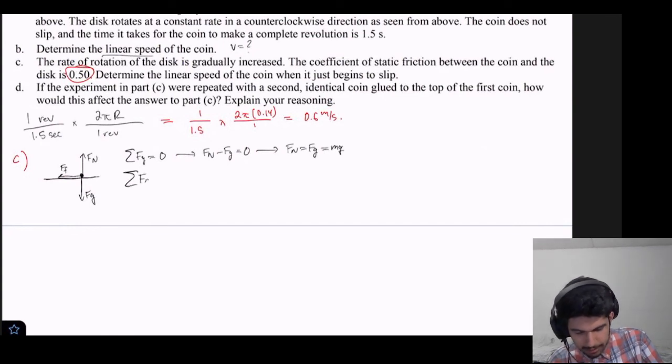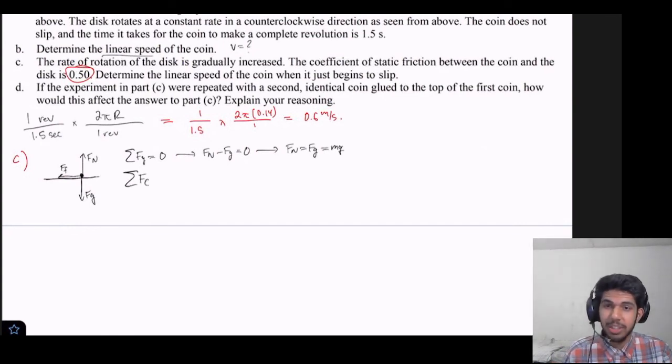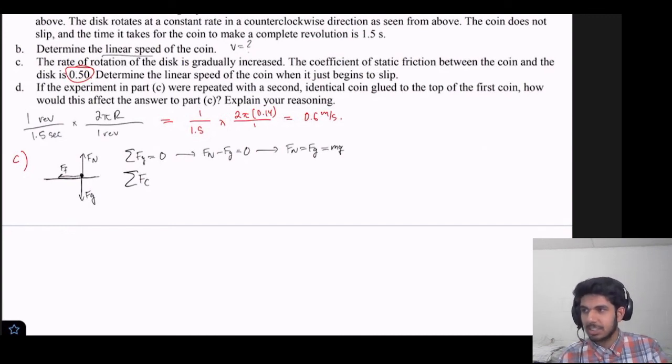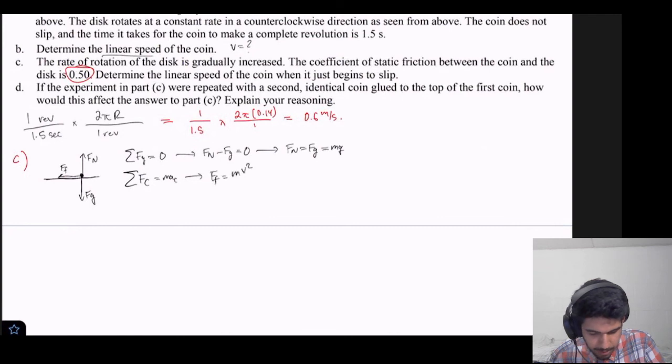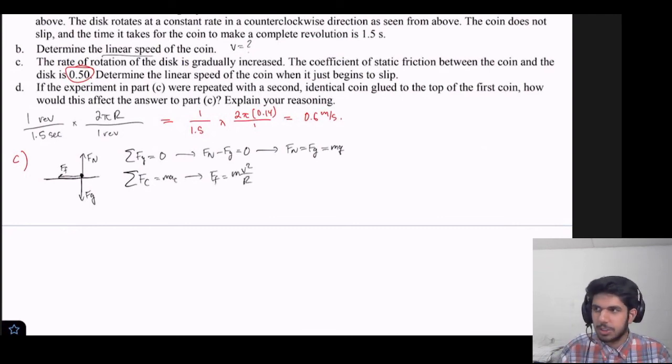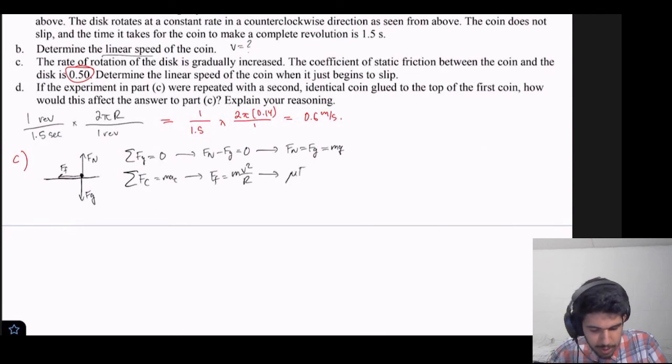Now let's sum the forces centripetally, because the coin is traveling in a circle, and Ff is providing that centripetal force. This is equal to m a_c. We get Ff equals mv squared over r, just simple substitutions that we're used to. So now mu times Fn equals mv squared over r.